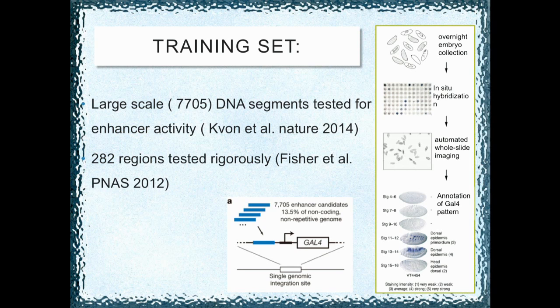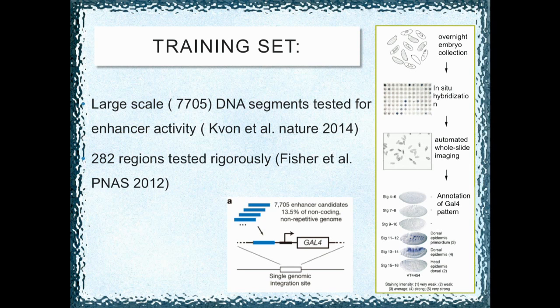As our training set, we used the Kvon data set, where they have produced a very large number of GAL4 reporter assays. They inserted the genomic region proximally to GAL4, inserted it into embryos, and then collected overnight plates.